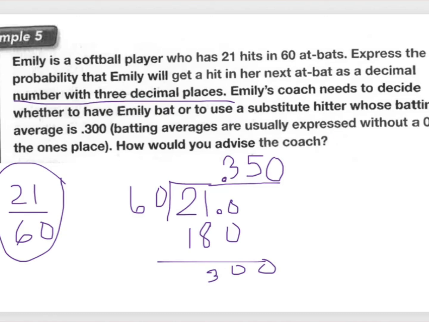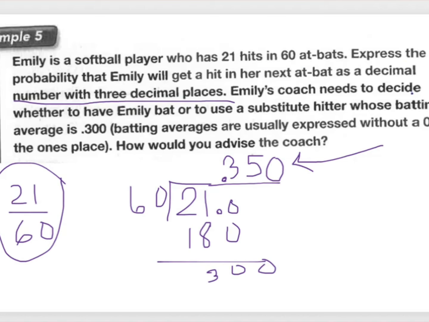Then it says use a substitute hitter whose batting average is 0.300. Batting averages are usually expressed without a 0 in the ones place. How would you advise the coach? Emily's at bat is better than the substitute's at bat, isn't it?